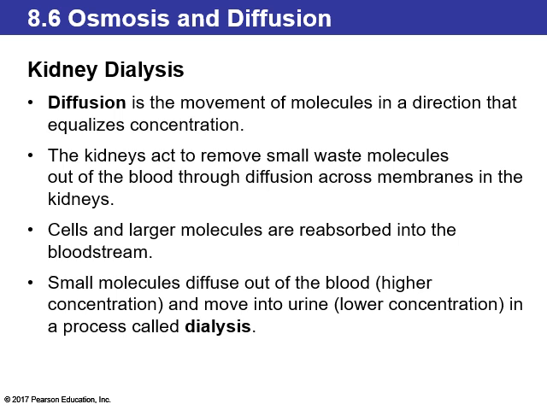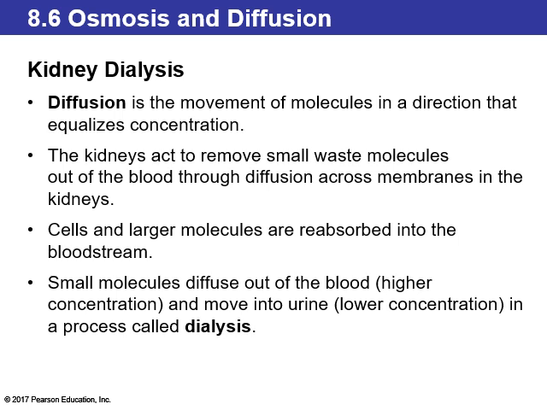They use diffusion to move waste molecules from one direction to another across membranes. They keep the concentrations different on one side than the other. So your small waste molecules will move out of the blood through diffusion across membranes in the kidneys, and that can be removed as waste.